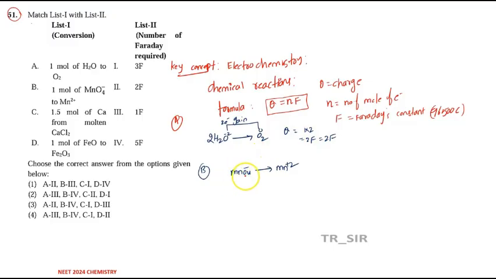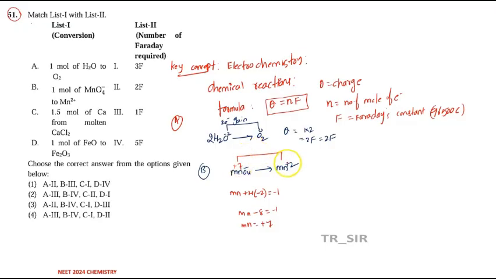MnO4 minus: Mn plus 4 oxygens, each oxygen with a charge of -2, is equal to -1. So manganese minus 8 is equal to -1, so manganese will be +7. Now you can see here +7 to +2.